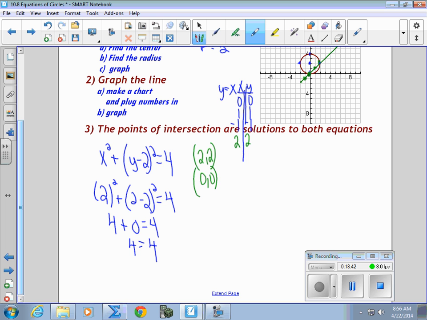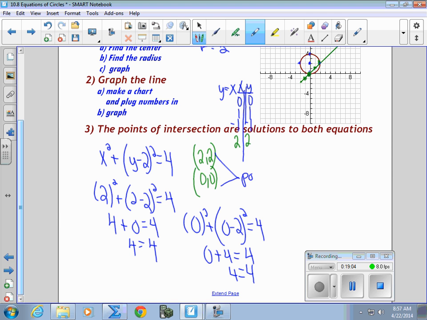And if we plug in 0, we get 0 squared plus 0 minus 2 squared is equal to 4. We get 0 plus 4 is equal to 4, and 4 is equal to 4. So we know that these 2 points are the points where the line intersects the circle.